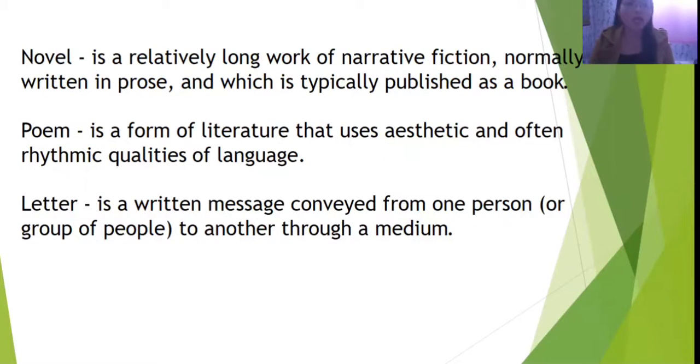Poem is a form of literature that uses aesthetic and often rhythmic qualities of language. Letter is a written message conveyed from one person to another through a mutual. Are you fond of writing a letter? If you're fond of writing a letter, then it's good.